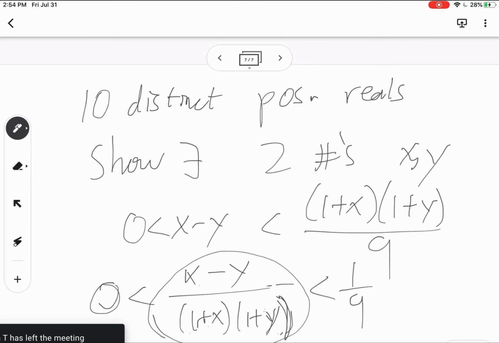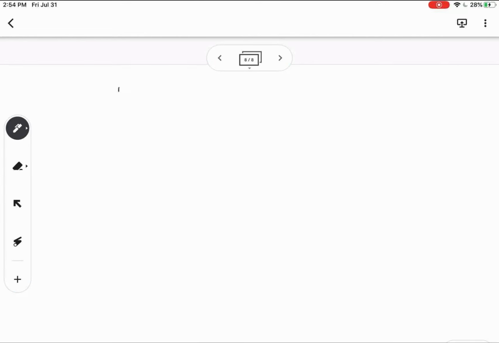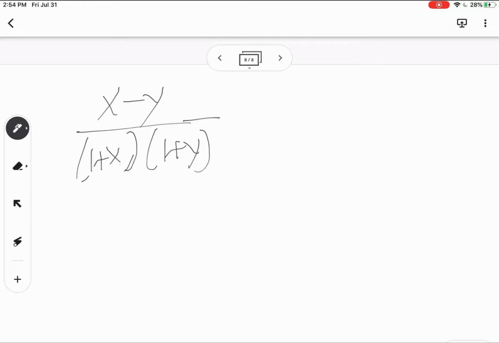So basically, what you can do is notice that (x minus y) over (1 plus x)(1 plus y) is actually 1 over (1 plus y) minus 1 over (1 plus x). And now we have our x and y separate, which is good.